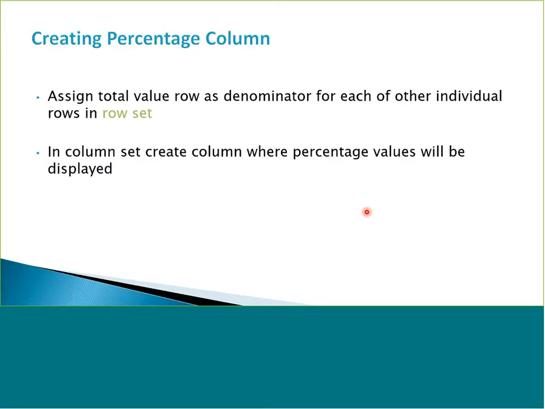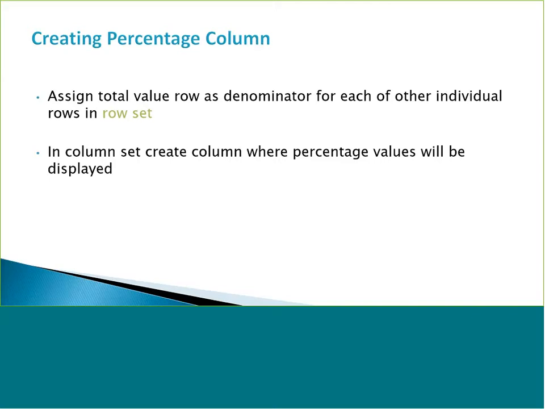So this is a very redacted way of showing how to create a percentage column. We're going to see exactly each step when we go to the system. But basically, what we need to do is we need to assign the total value row as a denominator for each of the other individual rows in the row set.